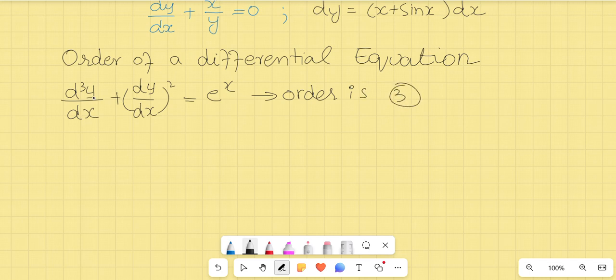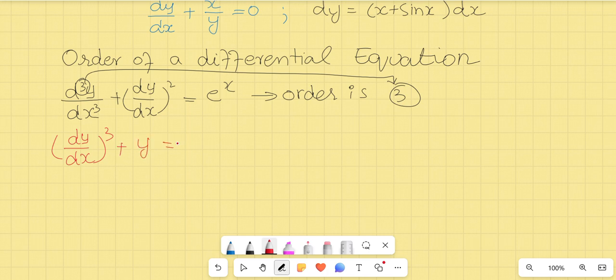Why? Because the highest derivative is 3. Similarly, take another example, dy over dx plus y equals e power 2x. In that case, you will not say that the order is 3. The order is still 1.